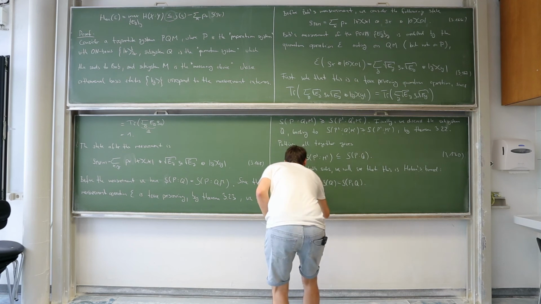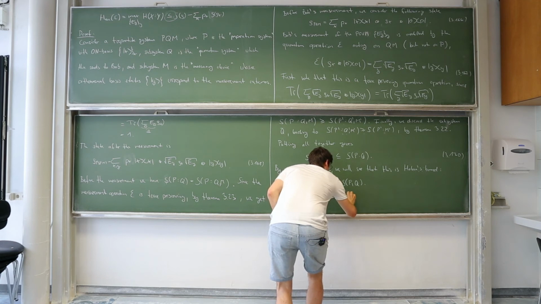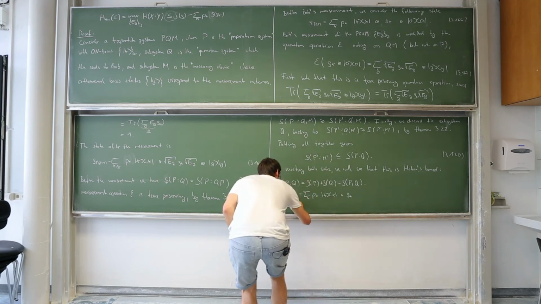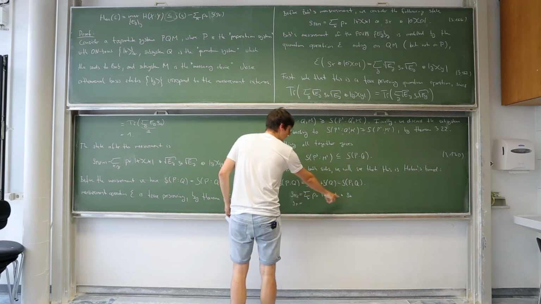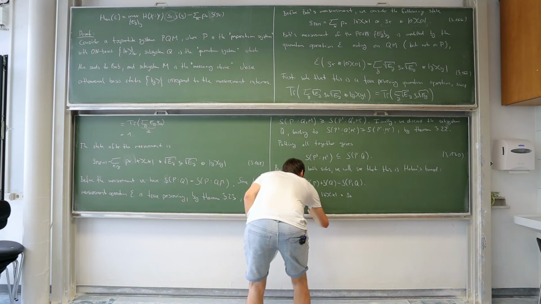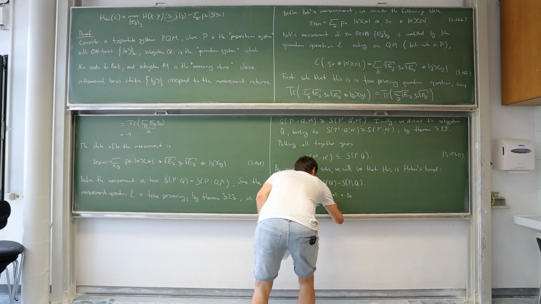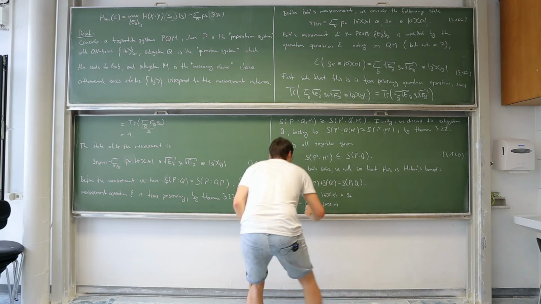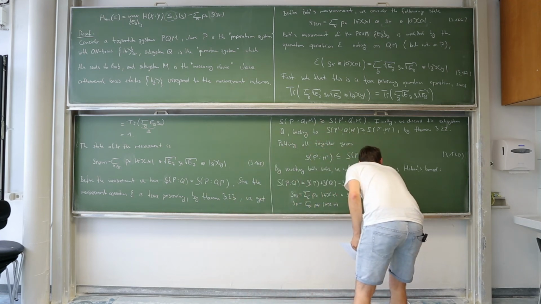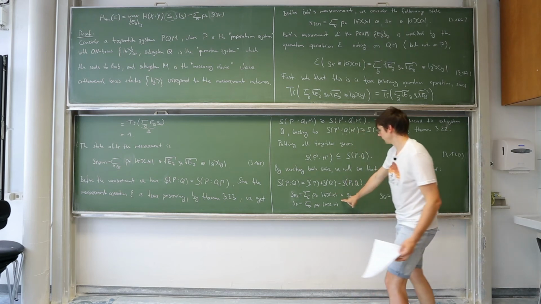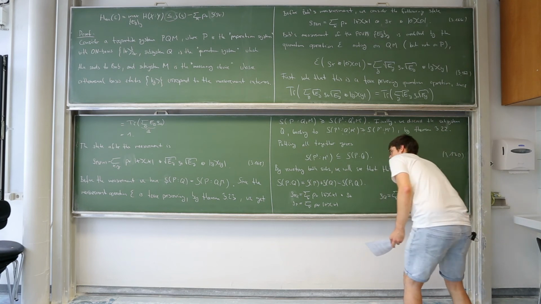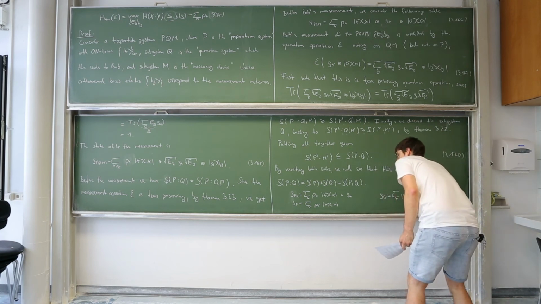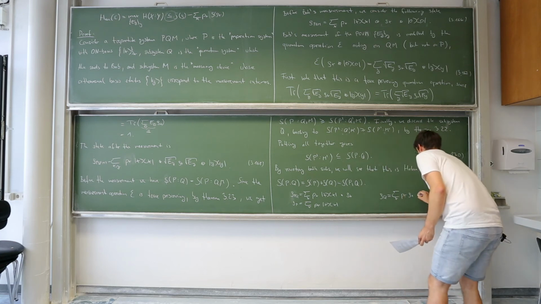So this is given by a sum over X, Px, and then |x><x| tensor rho X. Then we get rho P by tracing out Q, which is the sum over X, Px, |x><x|, and for the system Q, I'm going to write it here, rho Q. If we take this one and trace out P, here we get the sum over X, Px, and then rho X, which is simply rho.